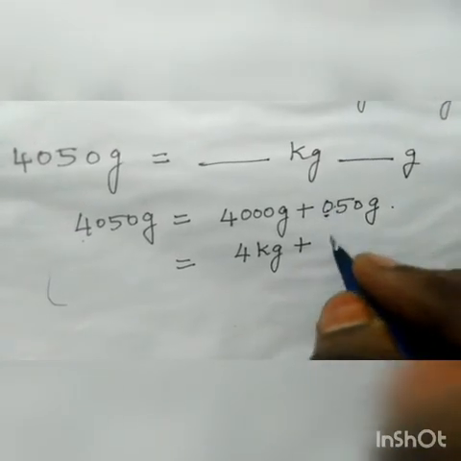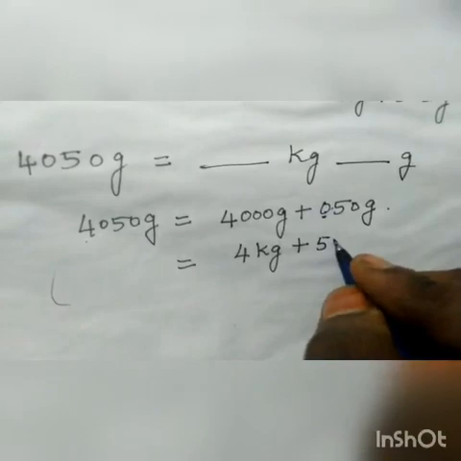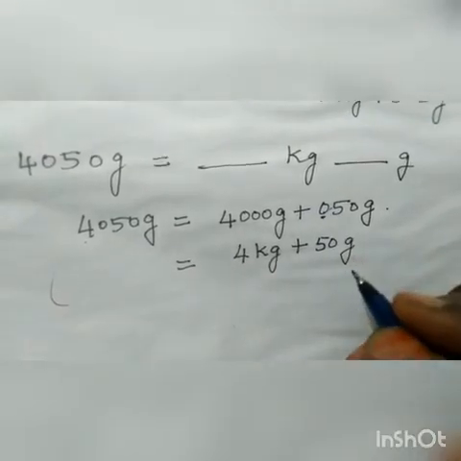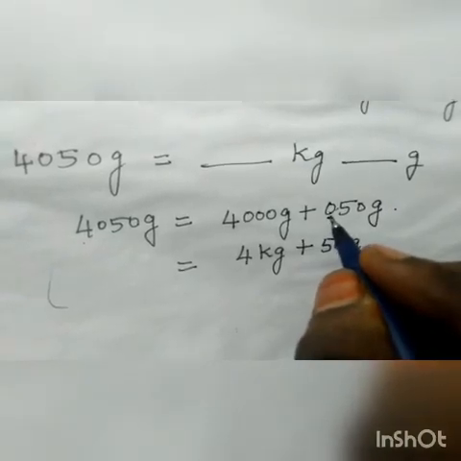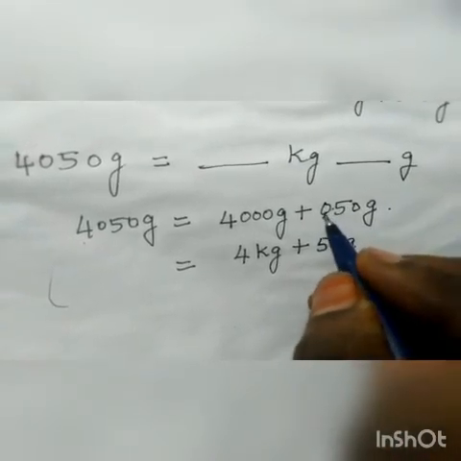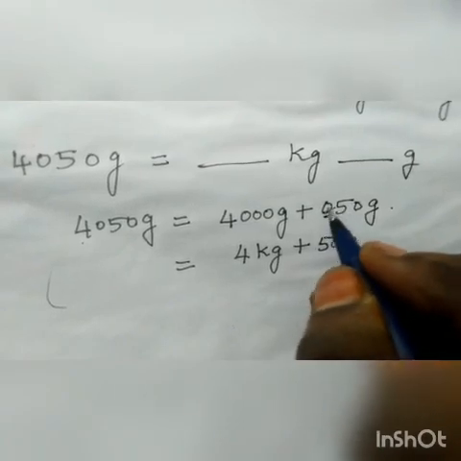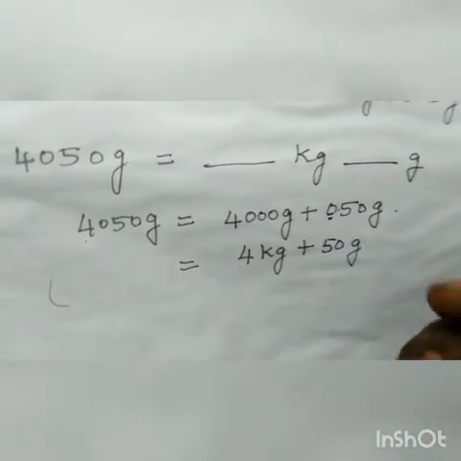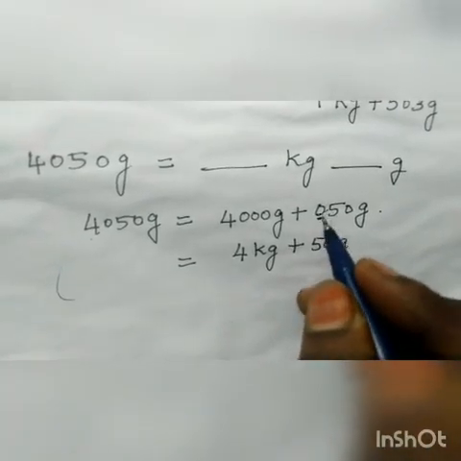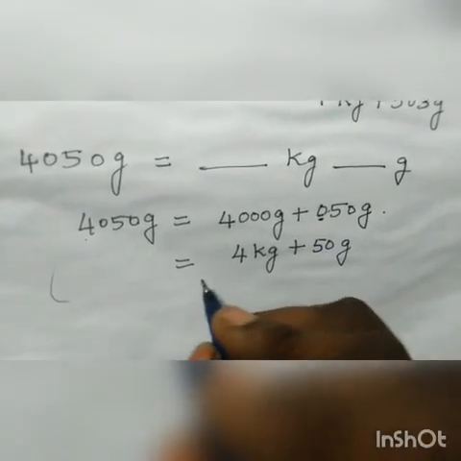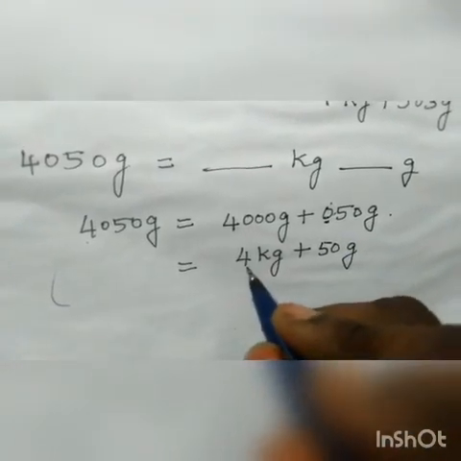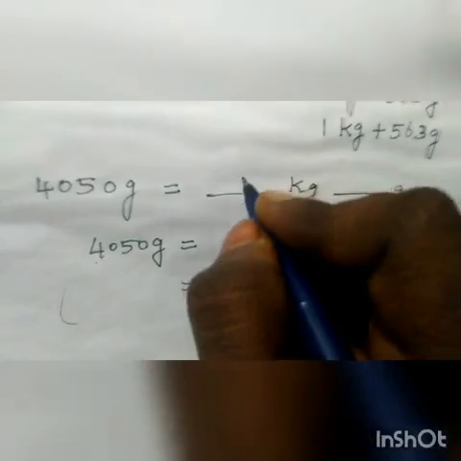So I am leaving this 0. Write 50 without writing 0 in front of 5. We need not write 0. What it represents means, in ones place 0 is there, in tens place 5 is there, in hundreds place 0 is there. So 0 into hundreds is 0. It doesn't give any value. So we have to omit this. Okay, we have to omit only this 0. Therefore we got the answer as 4 kg 50 gram.